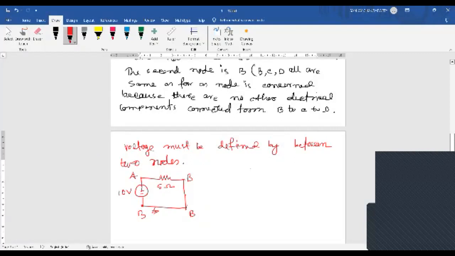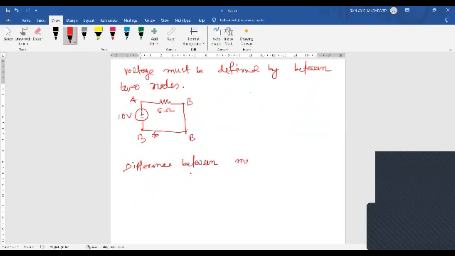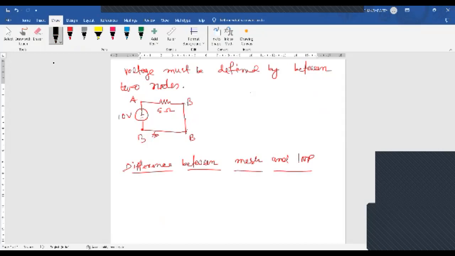Next is the difference between mesh and loop. Again, I need to draw some circuit.